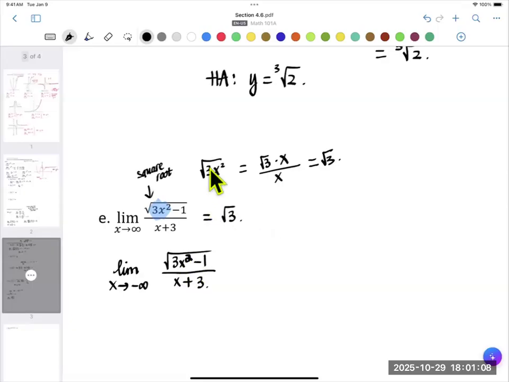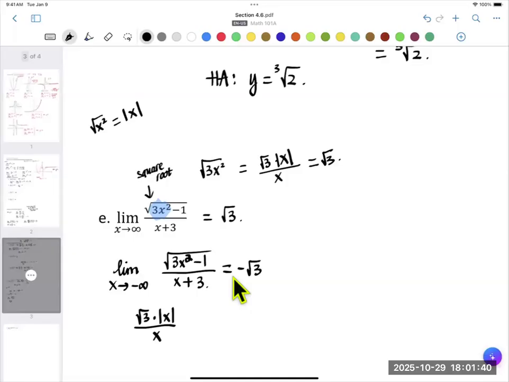Because actually, when you take the square root of x squared, you should have an absolute value. So this should be an absolute value. And when x is approaching positive infinity, this is positive. That's why we have square root of 3. But when x is approaching negative infinity, then that's going to be different, right? You're going to have square root of 3 times the absolute value of x over x. This will give you the negative infinity becoming positive, but this will be negative. So your answer will be negative square root of 3.